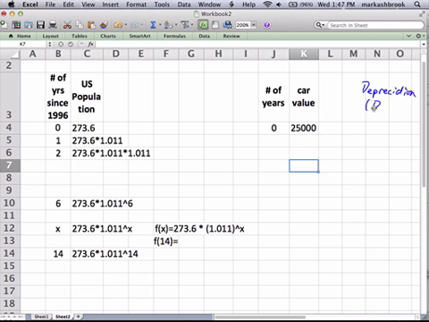Okay, so this is the idea of exponential decrease or decay. And so it says it's going down 14.5% each year.